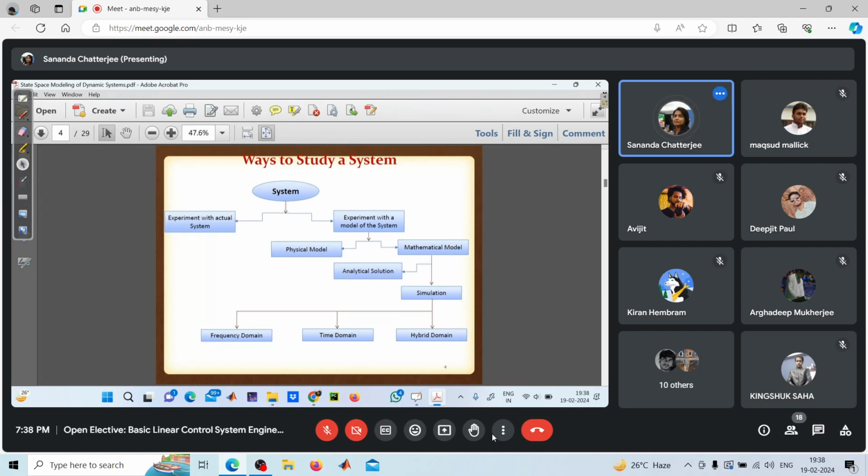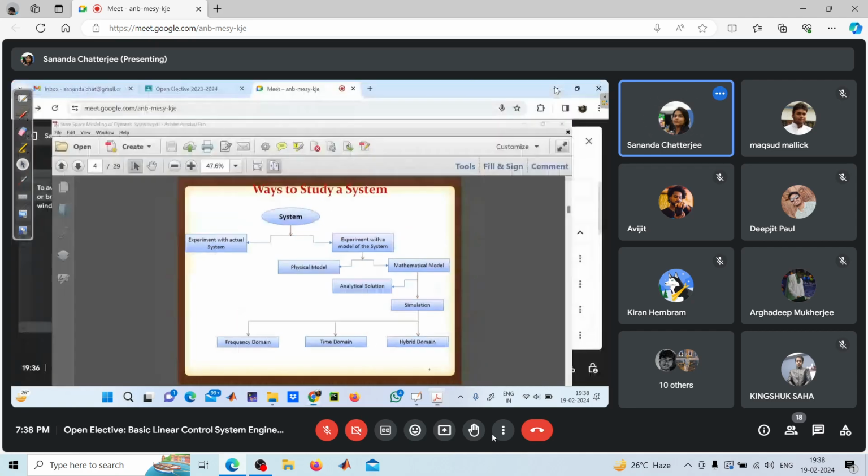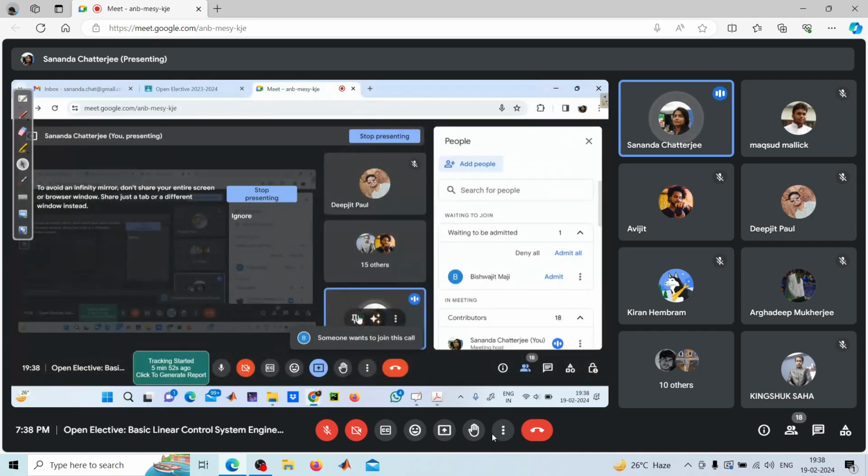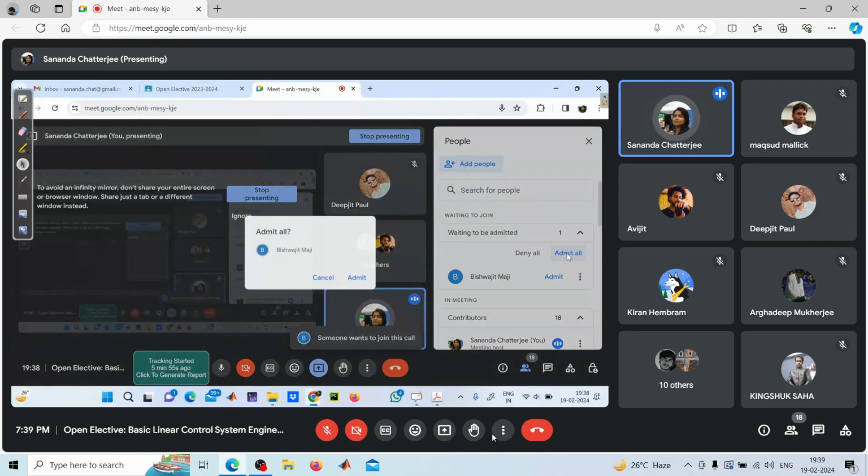Therefore, it will be better if we can have a model of that system, and we can start our experiment on that model, so that we have an idea of what to do and what not to do, in the sense of what inputs we should provide to the system, what ports we should take the outputs from, or what the environmental conditions should be while doing the experiment.